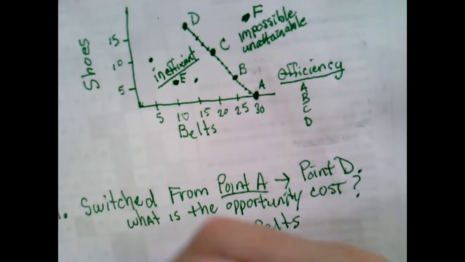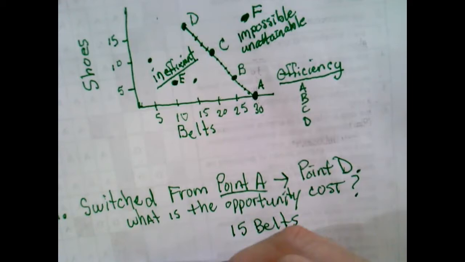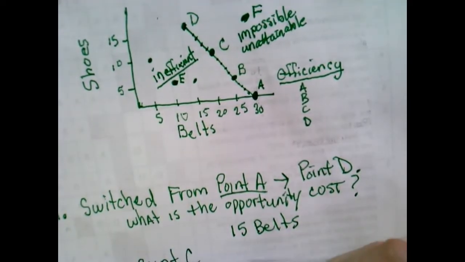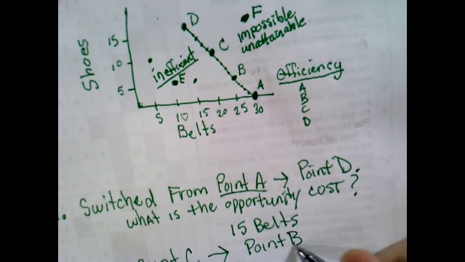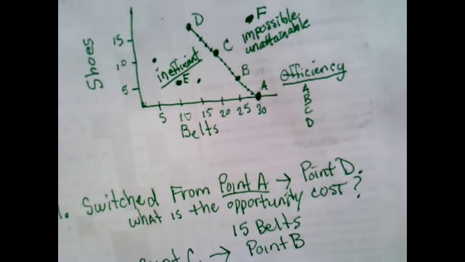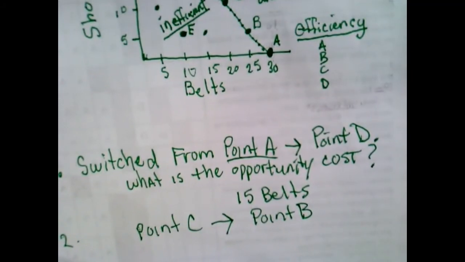All right, let's do another one. Suppose that they are going to go from point C to producing now at point B. So what's the opportunity cost in going from producing at point C to point B?